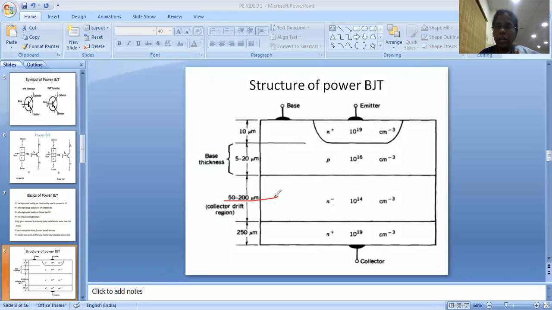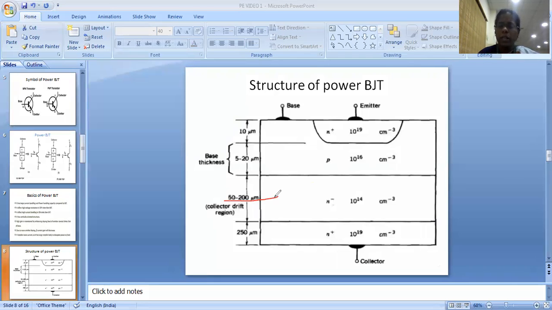It is the additional layer we have in the power BJT, and only because of this layer we say the device is a power device. In a normal transistor, we don't have this drift layer. When the drift layer is included, we say this device is a power device. Because of this drift layer, it is capable of handling high current and voltage.